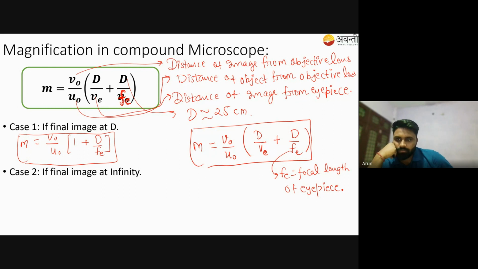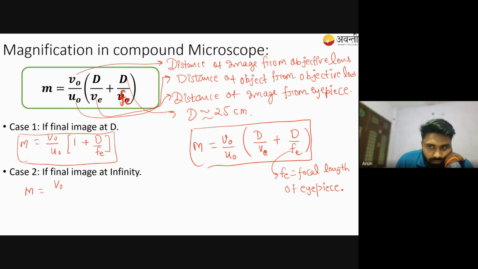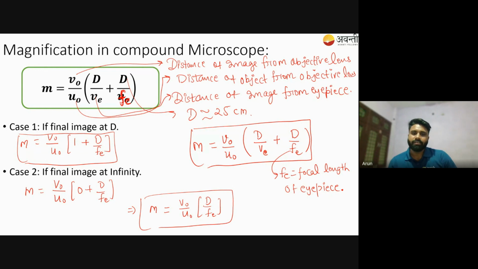So we are left with M is equal to VO over UO into D by V, which becomes 0 because V here is infinite, plus D upon FE. So M is equal to VO over UO into D over FE. This is the formula for magnification in the second case. I hope you are clear with this.